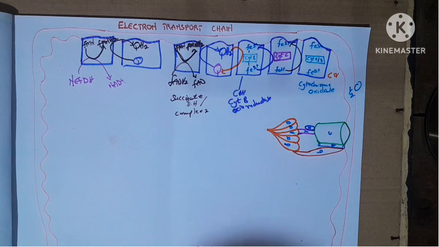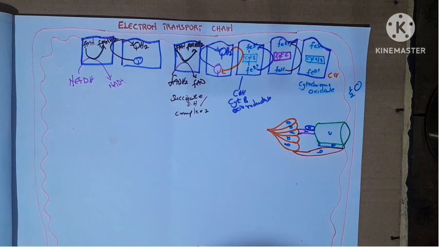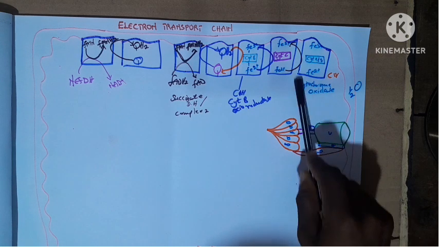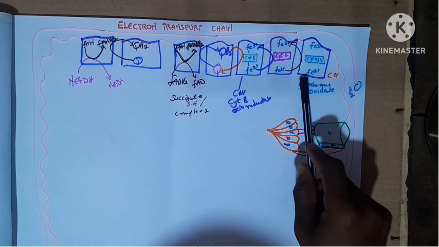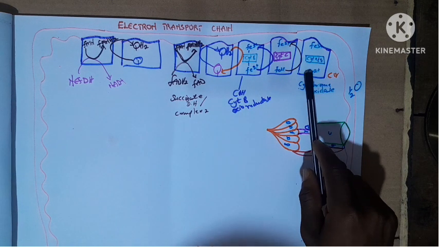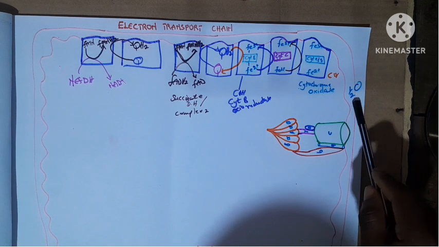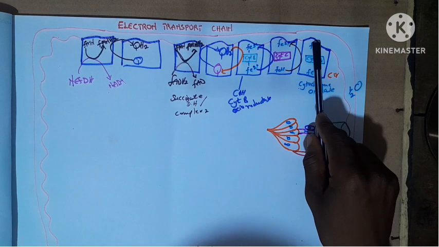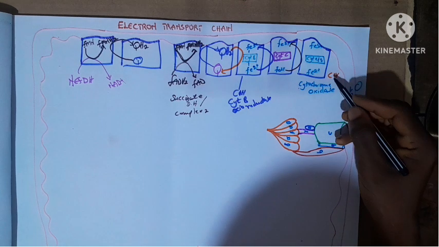This half oxygen is going to react with this iron 2. Remember, this iron 2 is in the high energy levels. So this half oxygen will react with this iron 2, and the iron 2 will pass on its electrons to this half oxygen and get converted to iron 3. So let's see what happens.